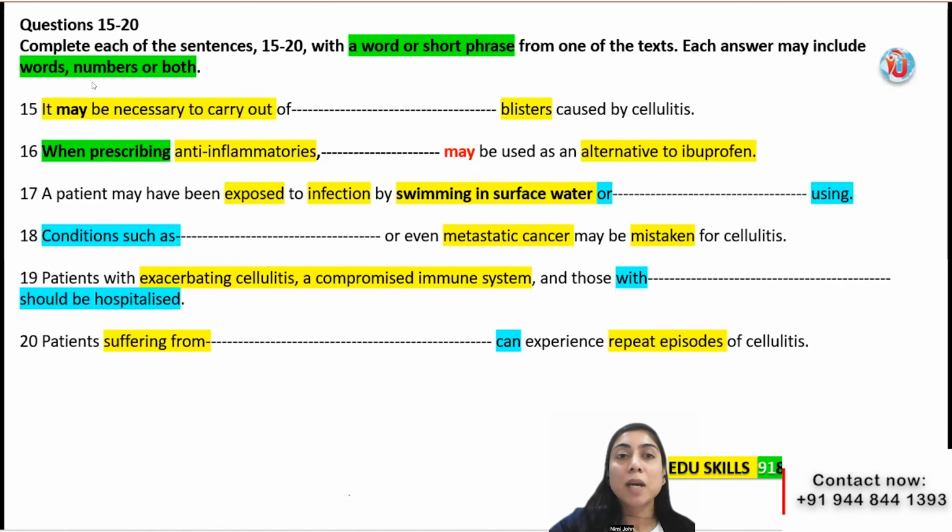17, a patient may have been exposed to infection swimming in a surface water or using.